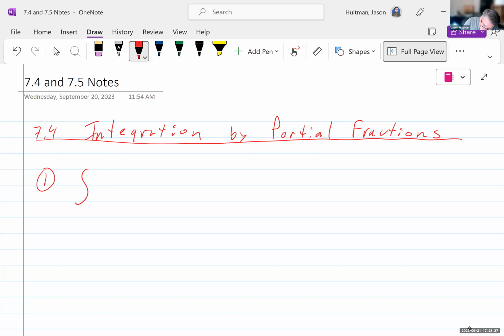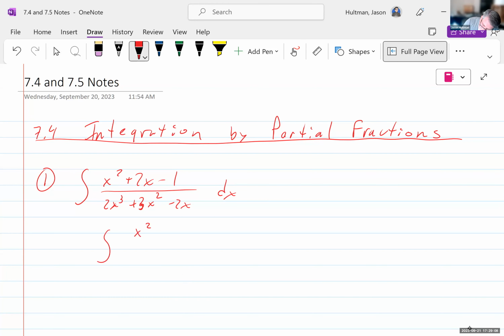If I have the integral of x squared plus 2x plus 1, or sorry, minus 1, all over 2x cubed plus 3x squared minus 2x. Okay, what I'm going to do is factor the denominator here.